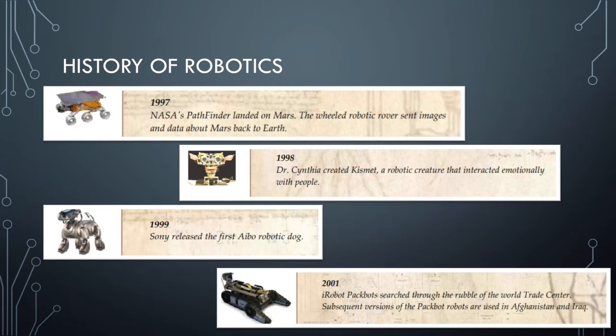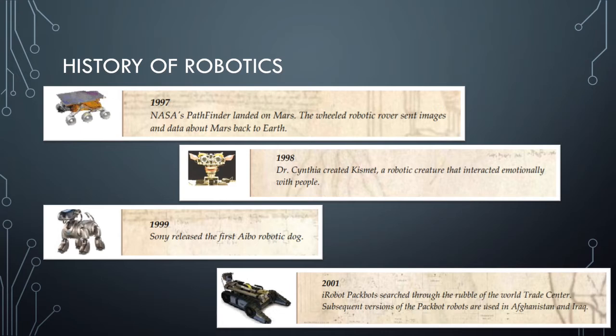In 1999, Sony released the first robotic dog. The note here is that robots are not only being used for industrial automation and space exploration, but they're becoming so common that they're finding their way into children's toys. And even today we see robotics involved in so many things and so many toys, right? It's expanded from a simple robotic dog to all sorts of things.